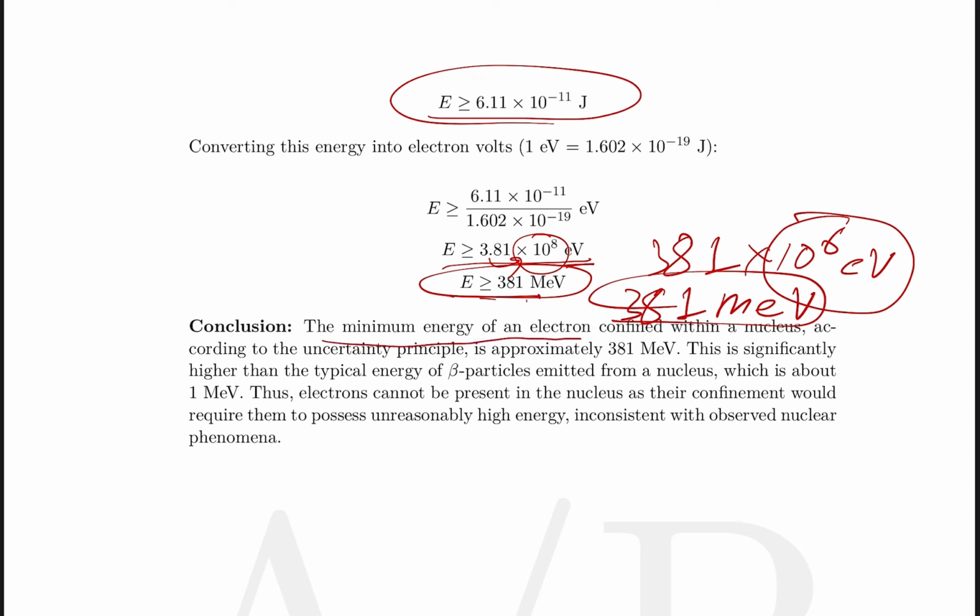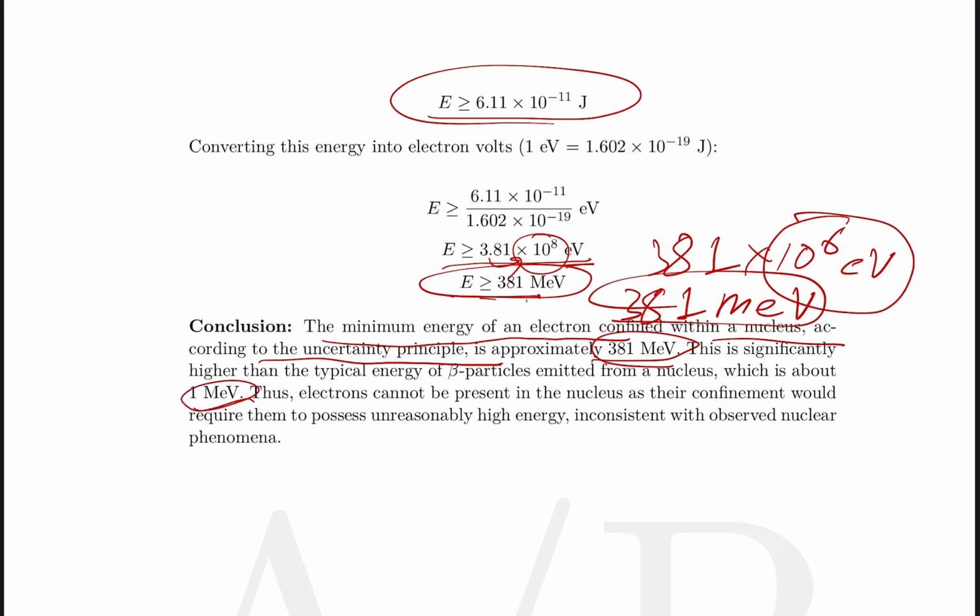The minimum energy of an electron confined within the nucleus according to the uncertainty principle is approximately 381 mega electron volt. This is significantly higher than the typical energy of the beta particle emitted from a nucleus, which is about 1 mega electron volt.